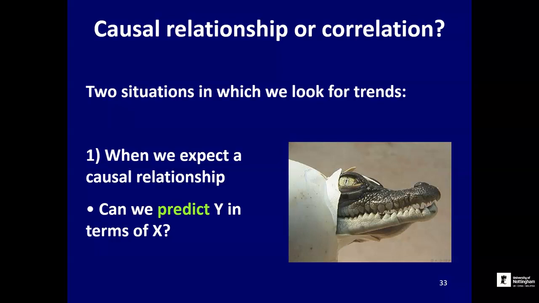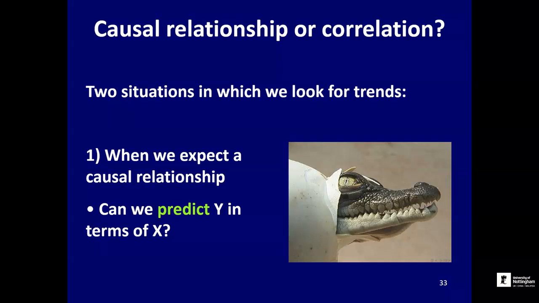We might be interested in how temperature affects the proportion of alligators that are male. Just to continue our theme from earlier in the lecture, you may be aware that some reptiles, their sex ratio is influenced by temperature. So if you incubate the eggs at high temperature, you get all males, and at low temperature you get all females, or vice versa.